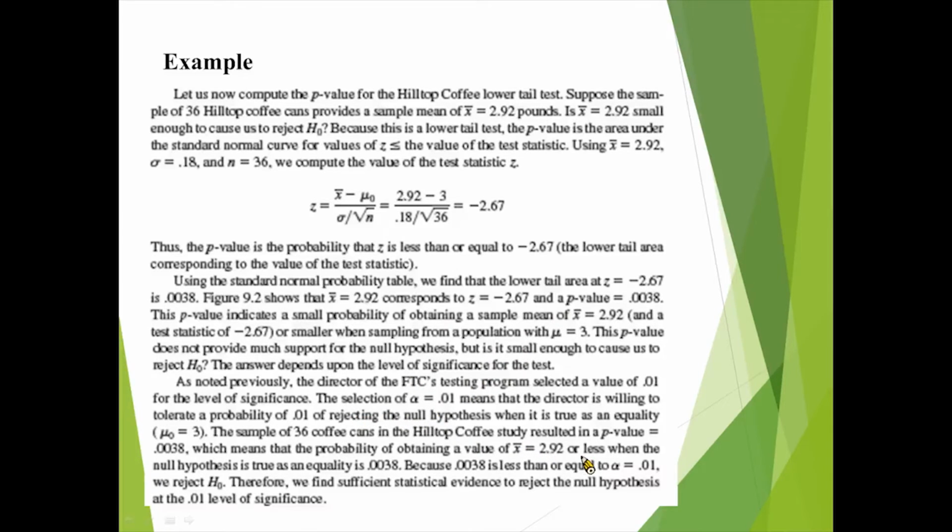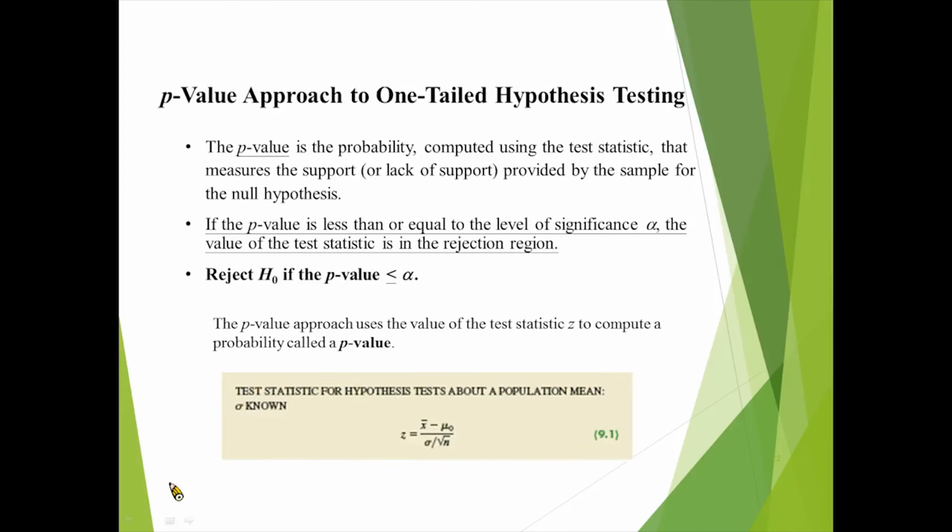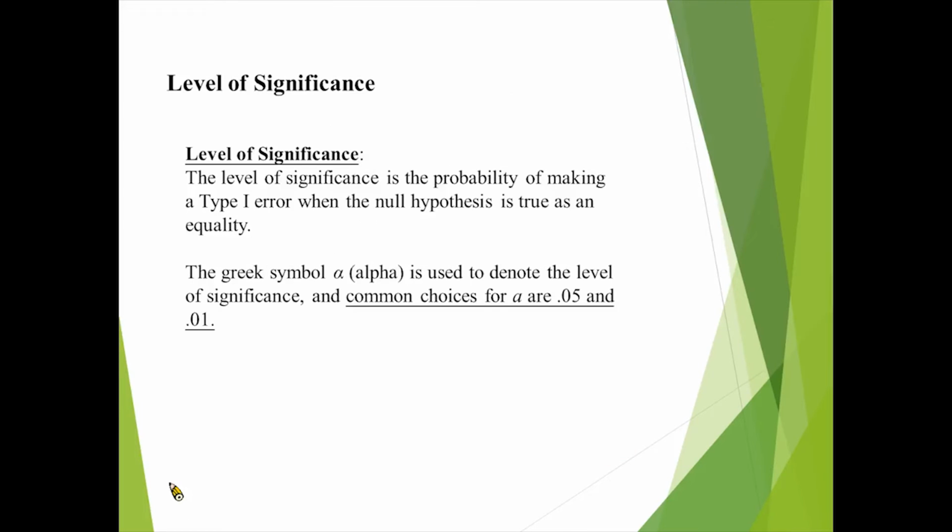We can see that this is less than the alpha of 0.01, so we reject H0. Do you remember we already talked about the alpha value?